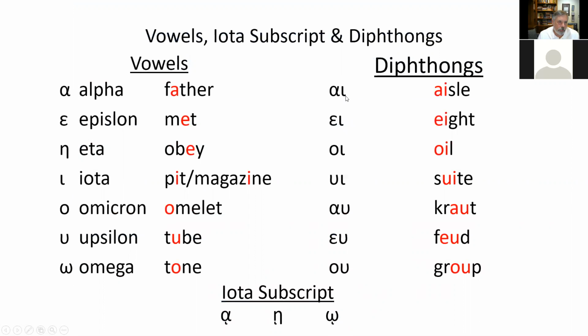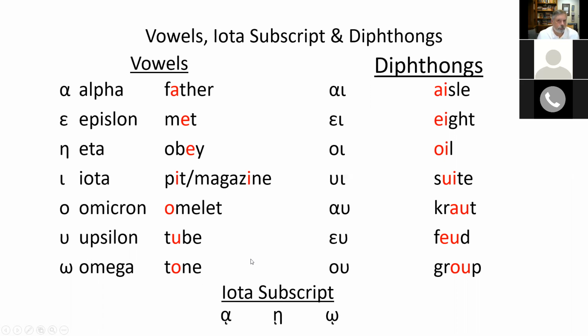Up here, the iota combines with the alpha and it makes the sound for "isle." Here, it combines and makes the sound for "eight." Here they combine for the sound for "oil," but here they do not combine for sound. It's just an o. And so we'll see that as you go through. You become very comfortable with it, not very long from now.